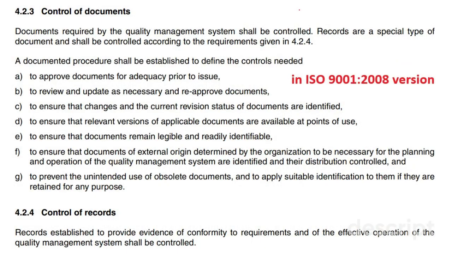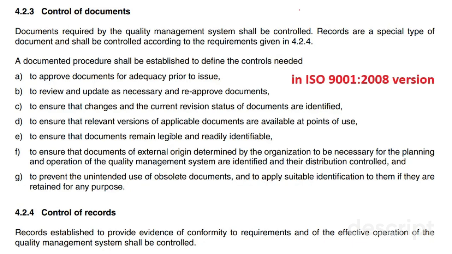I will take you a little back to the versions before 2015, for both 9001 and 14001, for reference. In the 9001:2008 version, or the previous standards, the terms used were control of documents and control of records.